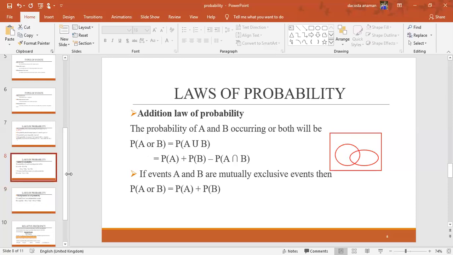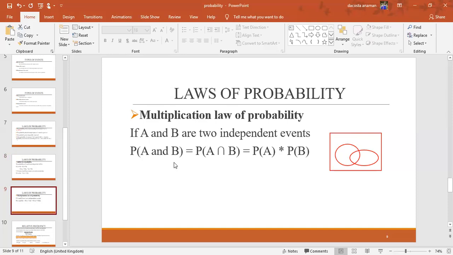But in this instance, it says A and B. So we'll have P of A intersection B, and that will be equal to the probability of A occurring times the probability of B occurring. Okay. So that's the multiplication law of probability.